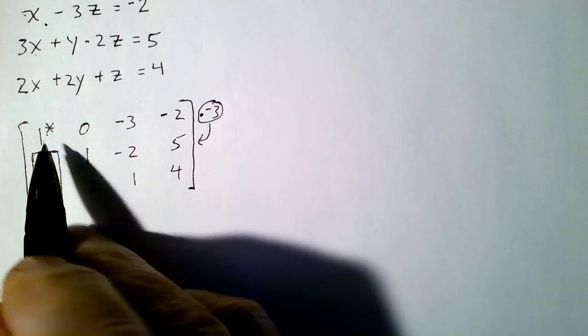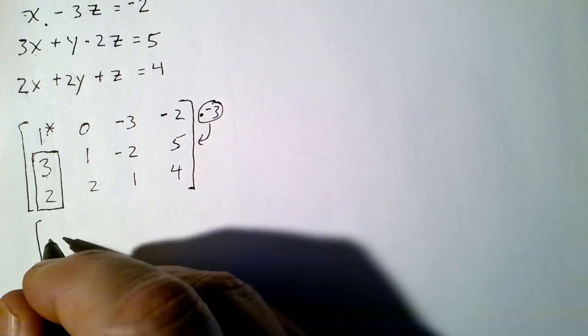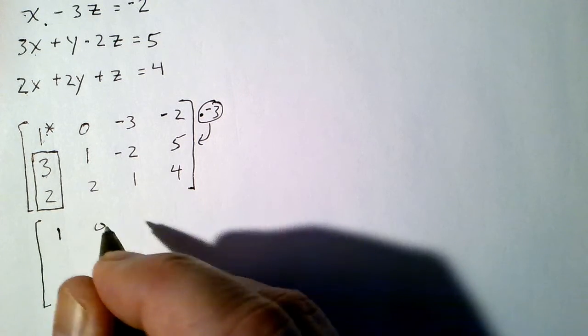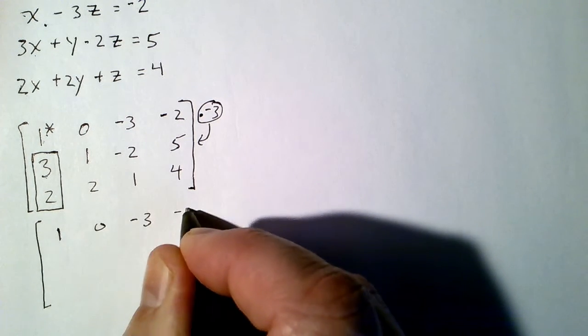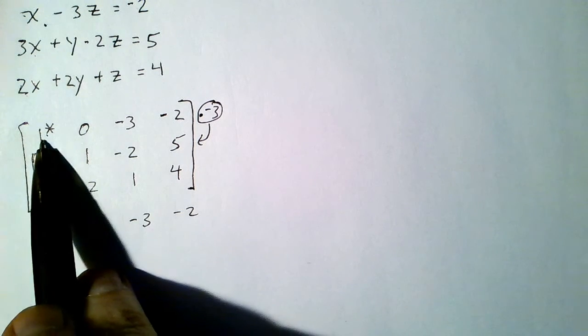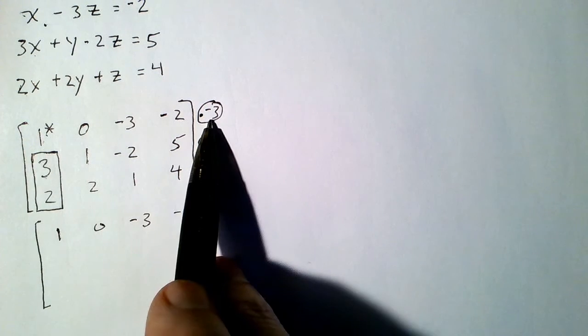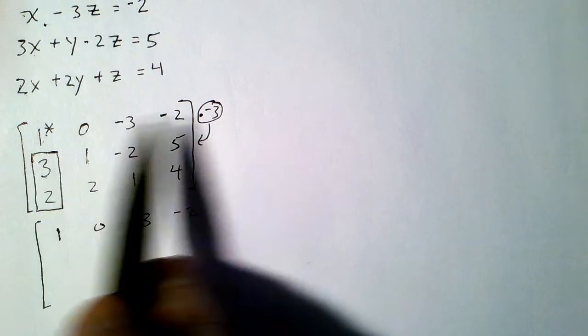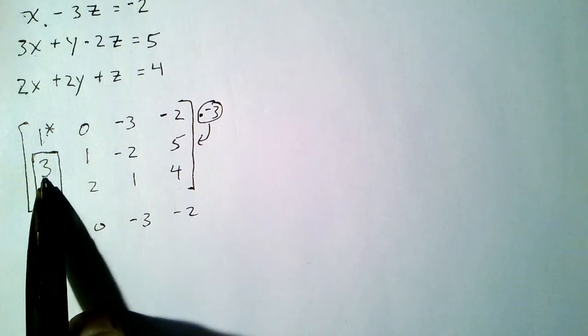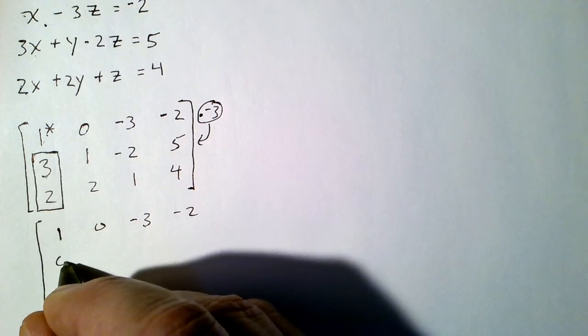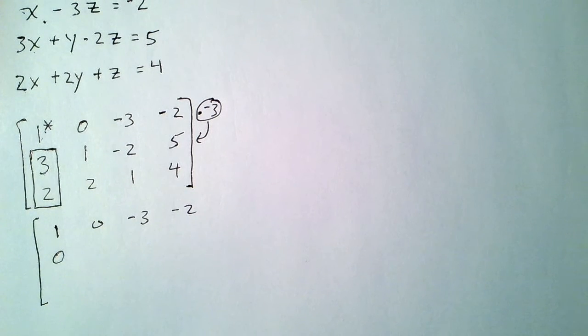In our second matrix, the hitman row does not change. 1, 0, negative 3, negative 2. But now we're going to physically touch. 1 times negative 3, negative 3, added to 3, 0. Well, that's why we did it.